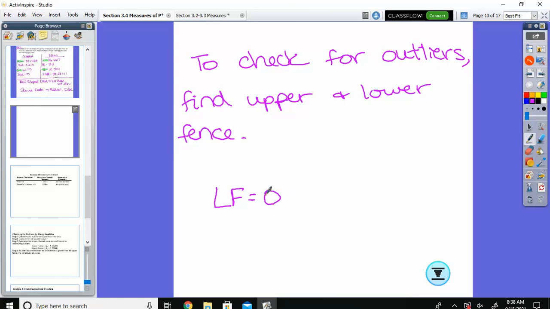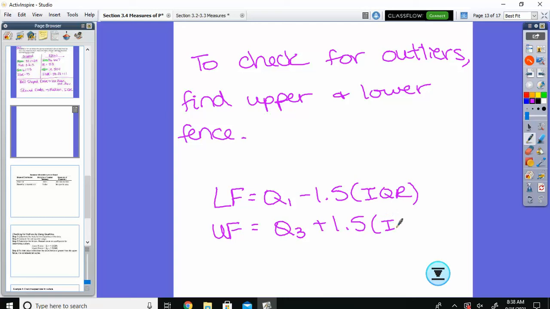The lower fence, and this is on there so you don't necessarily have to write it down, is quartile 1 minus 1.5 times the IQR. Upper fence is quartile 3 plus 1.5 times the IQR. So calculations aren't hard. Basically you find these and those are your boundaries. So anything smaller than the lower fence or anything bigger than the upper fence would be an outlier, and we throw it out.